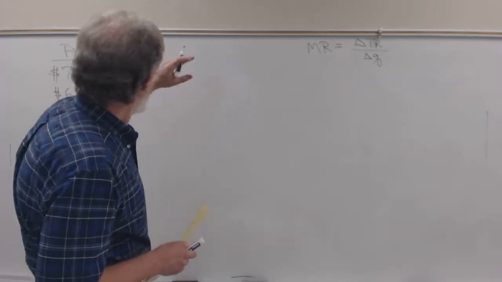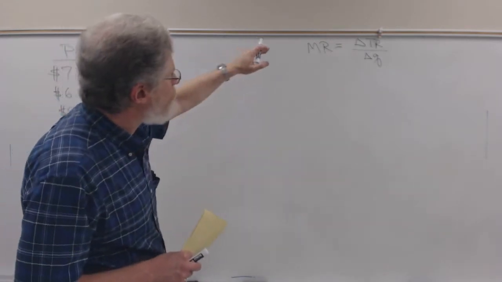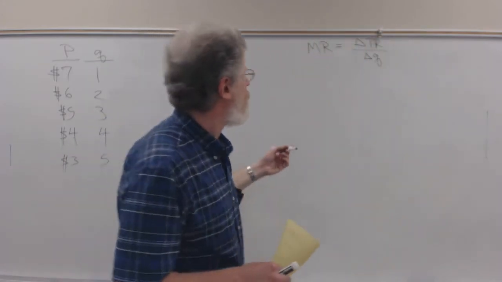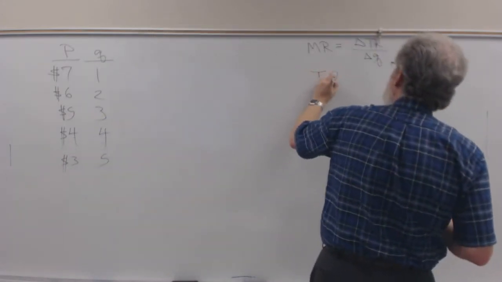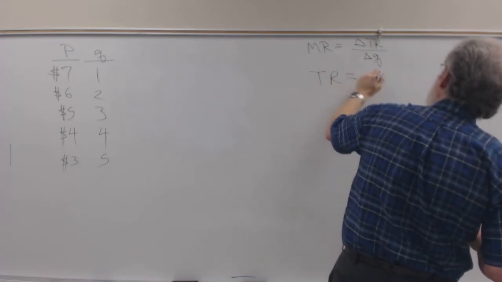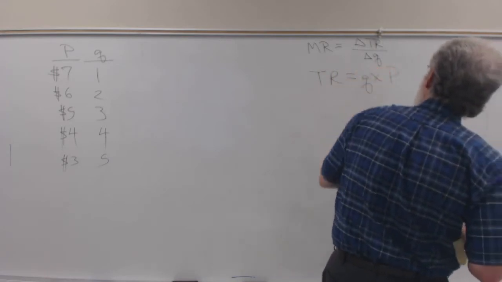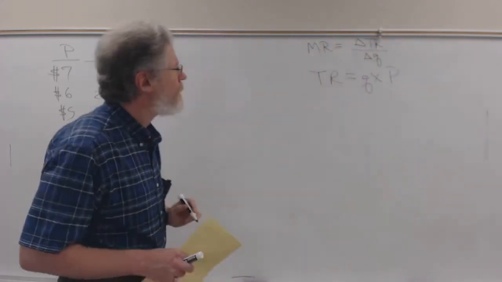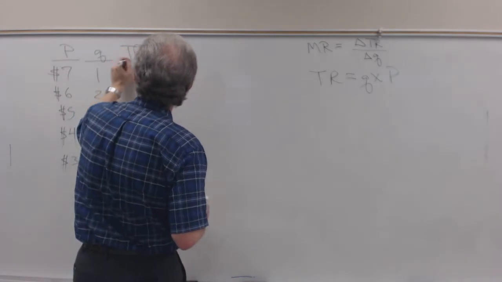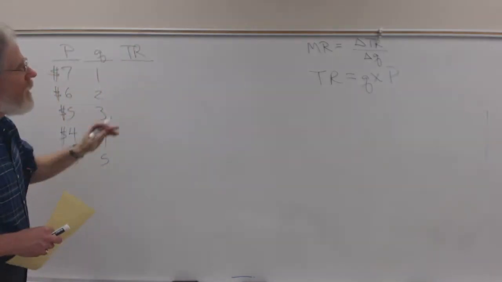Okay? So, to calculate marginal revenue, we've got to know what total revenue is. And we know total revenue is just the quantity the firm produces and sells multiplied by the price per unit. So we need to put up a total revenue column here.